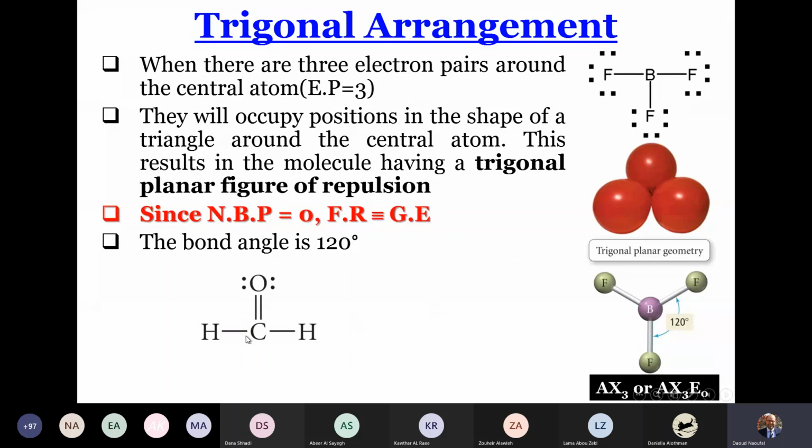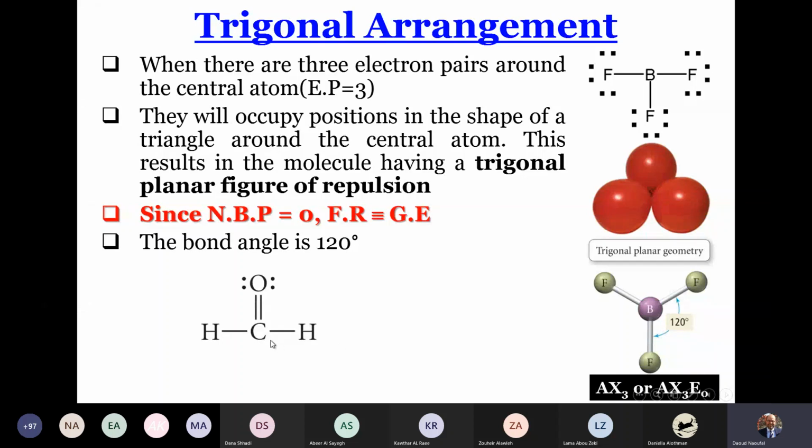Consider this structure. This is the Lewis structure for H2CO. If we look at the form AXME_N, the form is AX3E0.